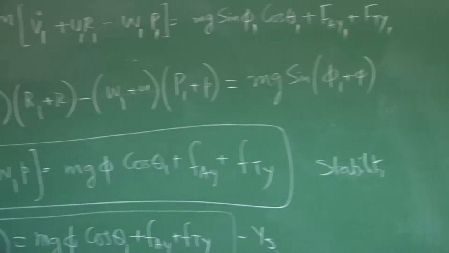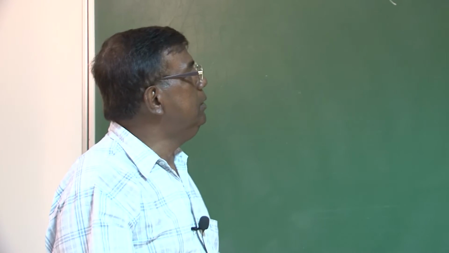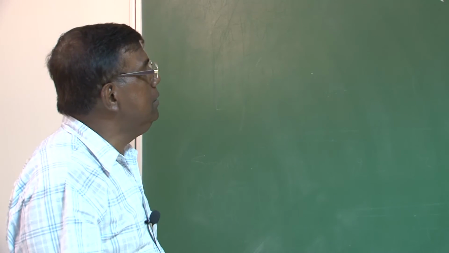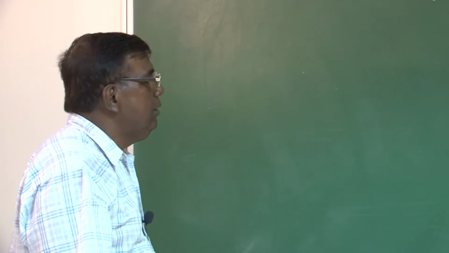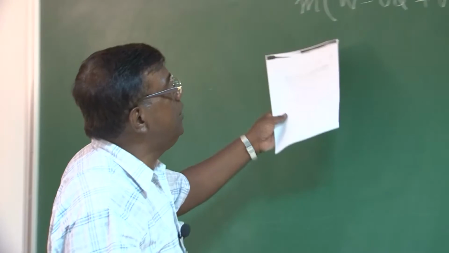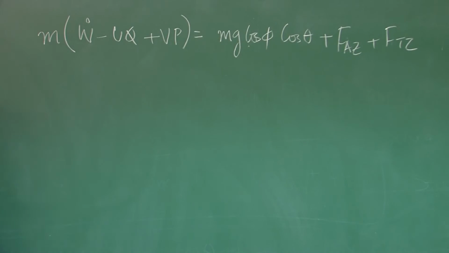Similarly, we take the third equation. We are now trying to handle the third equation. We are trying to develop the perturbed equation of motion. Please understand this is the general equation of motion, right? So again, we will follow the same trick.